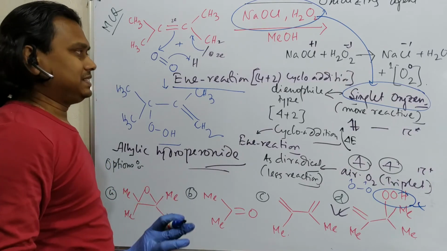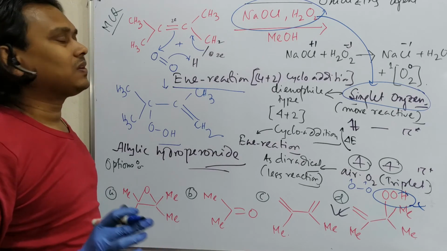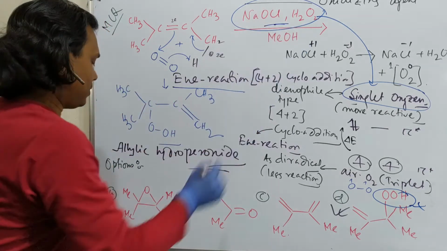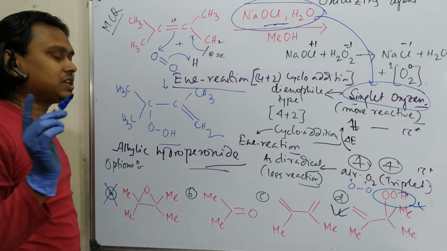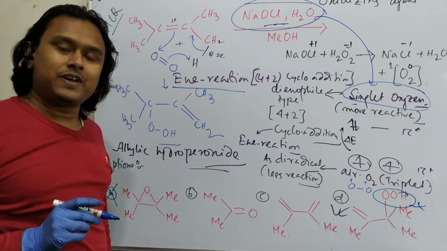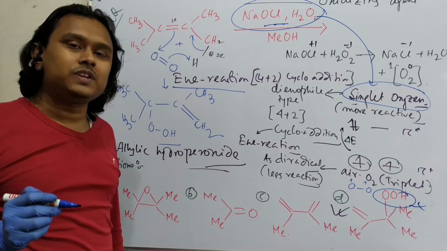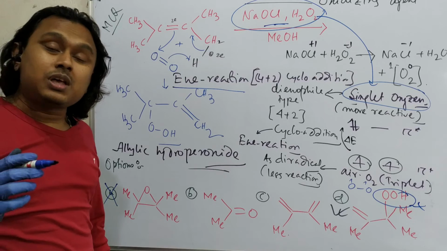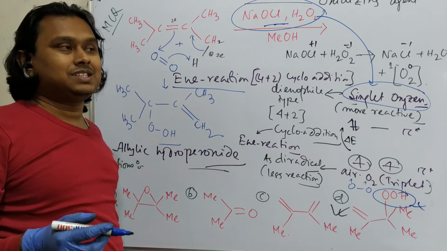Fine. And another thing to remember: oxidation of a simple alkene using this condition is not possible. Why? Because I have already discussed epoxidation of alkene using MCPBA, which is an electrophilic epoxidation. In that case, we need MCPBA, an electrophilic epoxidizing reagent.